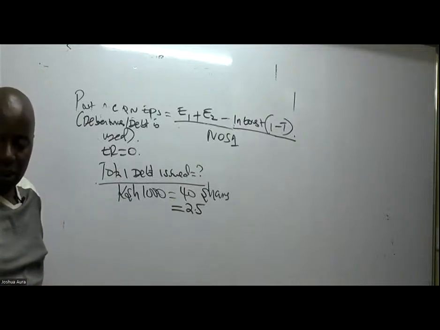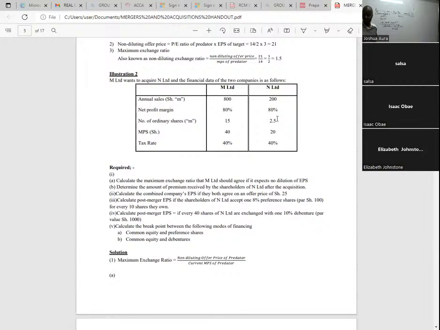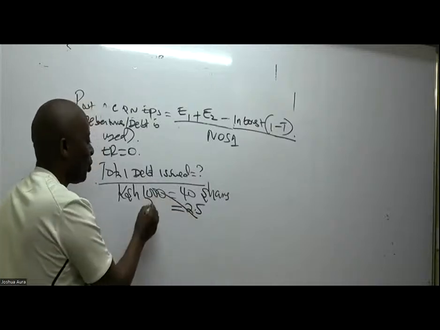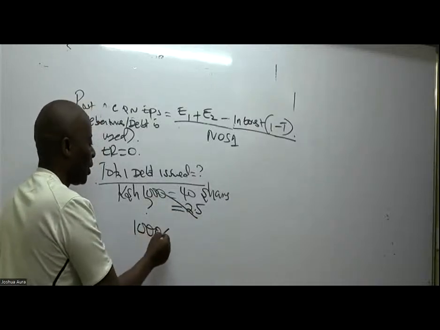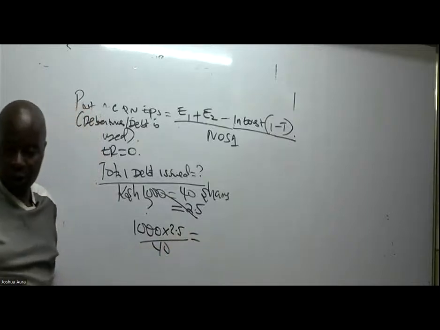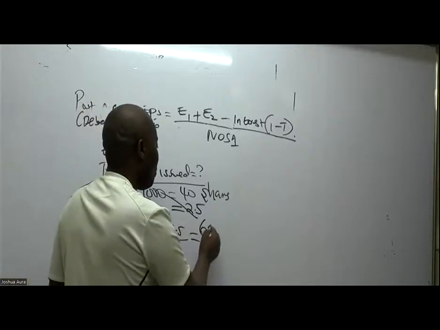It is these shares of company two which you are acquiring. So if you cross multiply, you will get 1,000 times 2.5 over 40, which will give us how much? 62.5 million.